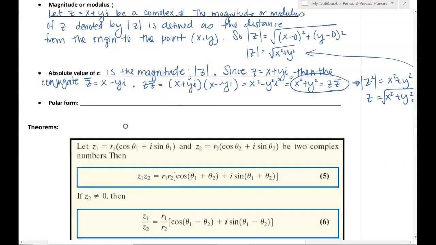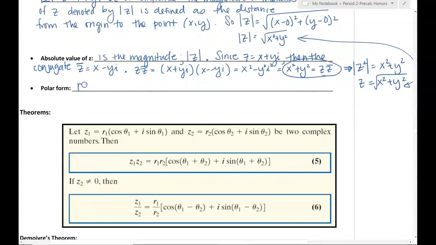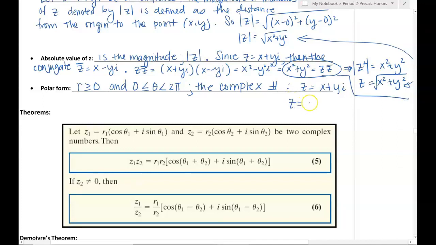Next definition says polar form. So if the radius is bigger than or equal to 0, and theta is between 0 and 2 pi, inclusive at 0, the complex number z equals x plus yi is, as you know already, z equals: x in polar form is radius times cosine of theta, and y in polar form is radius times sine of theta, and then we stick an i, the imaginary number, at the end.